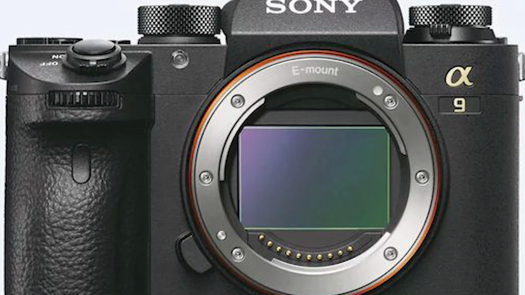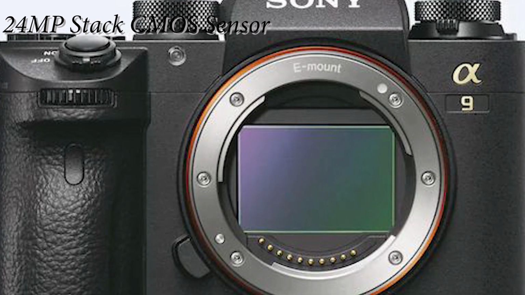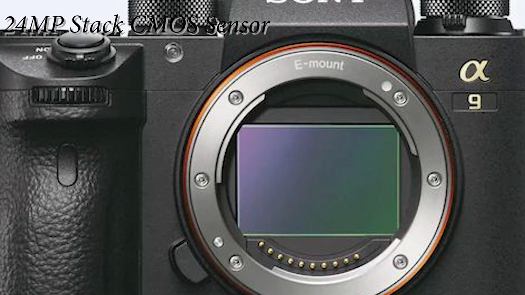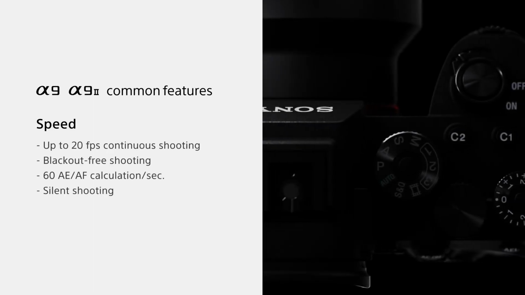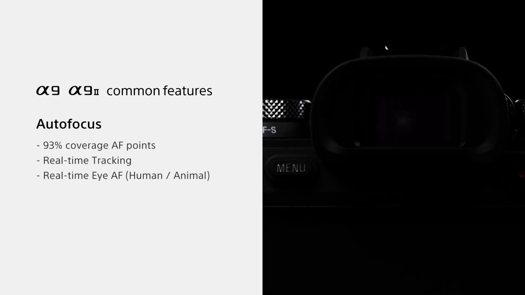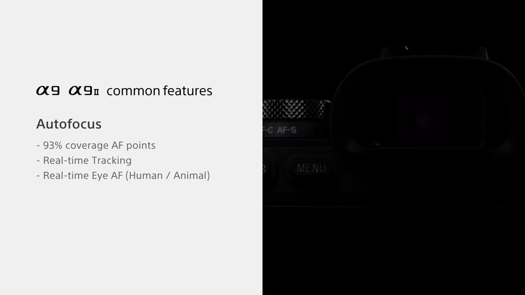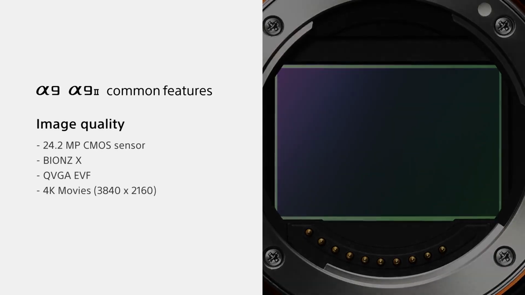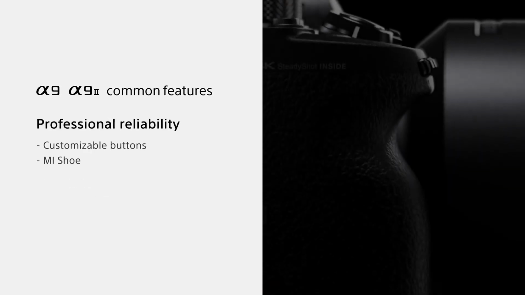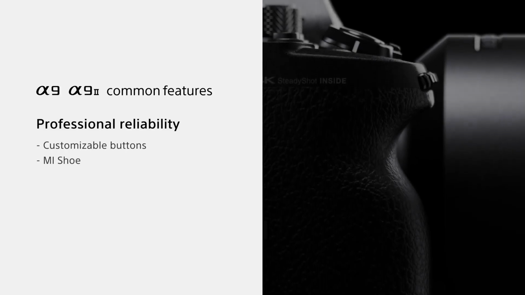Now the A9, when it came out, was kind of a revolutionary camera. It was built around the 24 megapixel Stack-CMOS sensor, the same sensor that you would see in the A9 II, and it would give you the same 20 frames per second shooting capability and blackout free shooting capability, which Sony has carried forward to the A9 II.